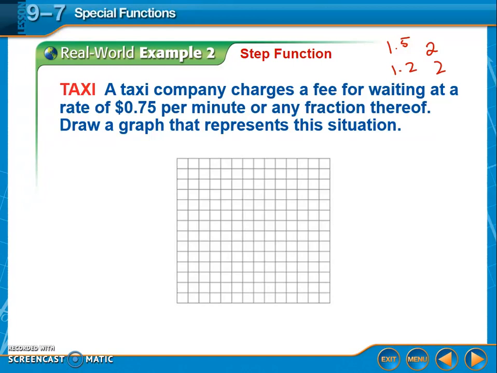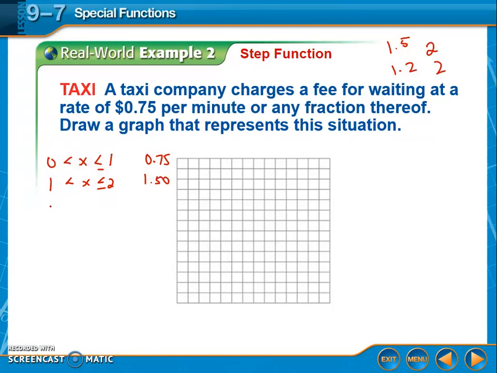Okay, so if I'm looking at this, anywhere between waiting 0 and 1 minute, they're not going to charge for 0, so we're not going to include that, but we are going to include the 1. They're going to charge 75 cents. If I'm waiting anywhere between 1 and 2 minutes, they're going to charge for 2 minutes, which would be $1.50.